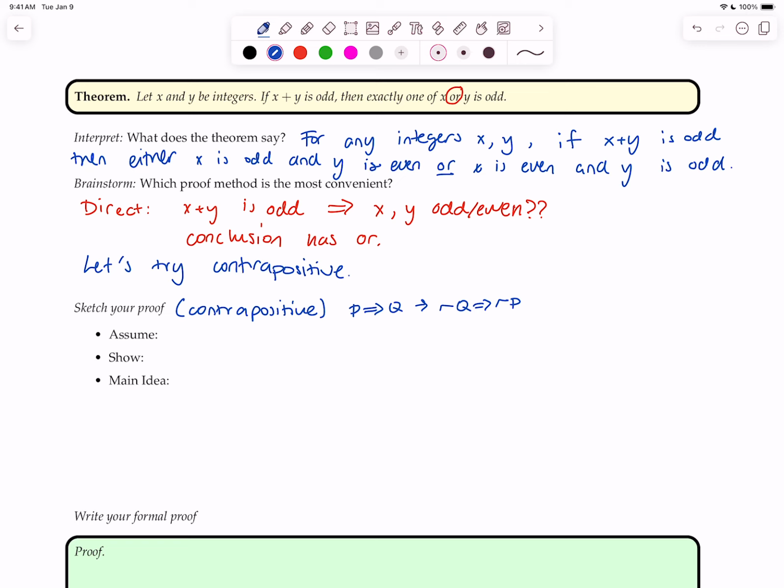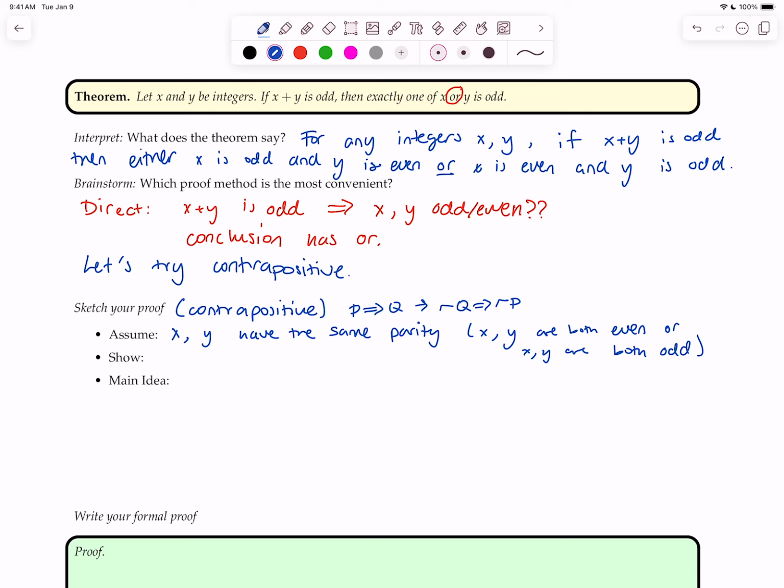So if we're doing contrapositive, we're allowed to assume that x and y have the same parity. That is, x and y are both even, or x and y are both odd. And you can kind of see this or, you're like, oh God, we have another or, but now the or is in the hypothesis. So this is where we're going to be doing cases.